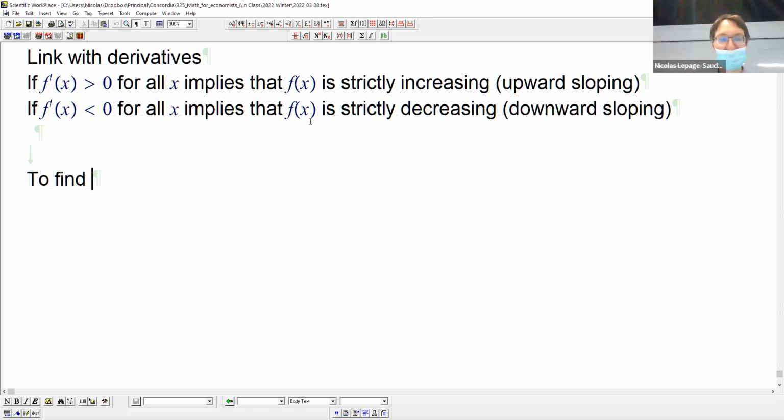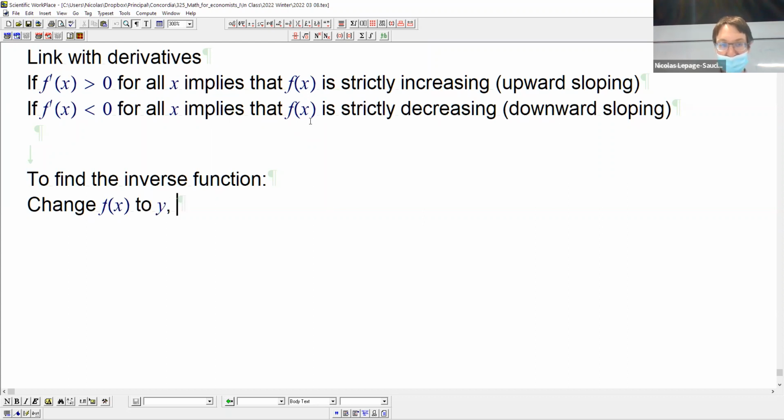To find the inverse function, you change f of x, invert and solve for x.